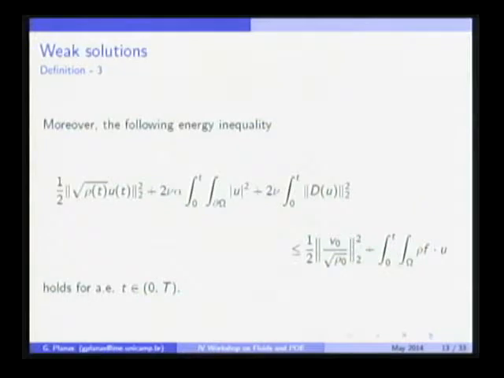But I would like to remark here, as I said, we don't have a bound from below for the density. So we have information about the regularity of this product, about the symmetric part of the gradient.